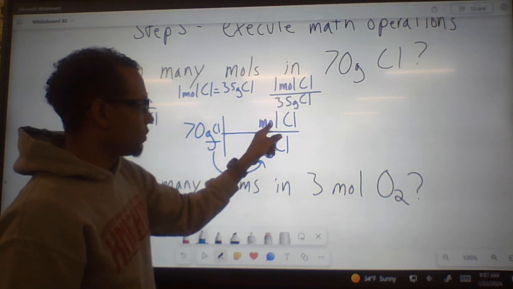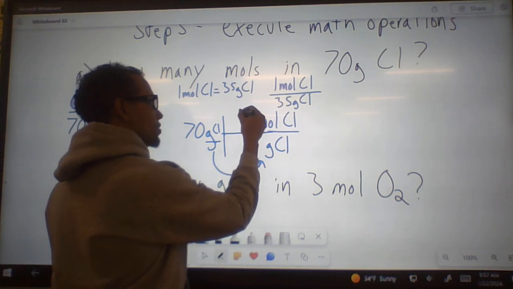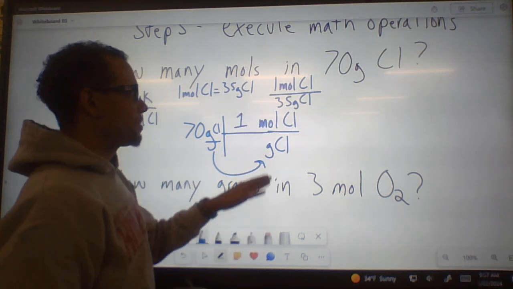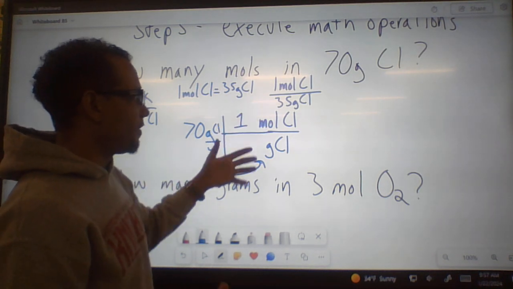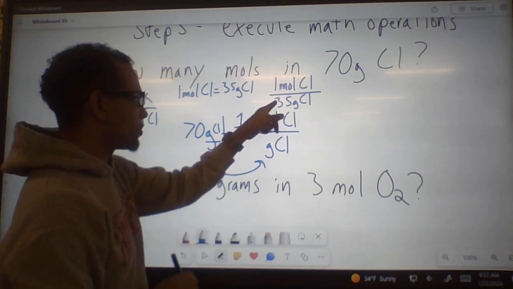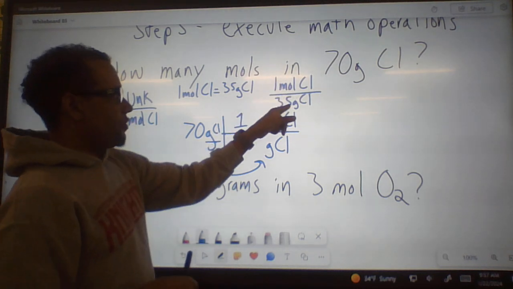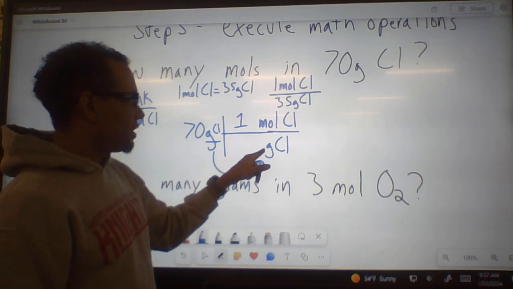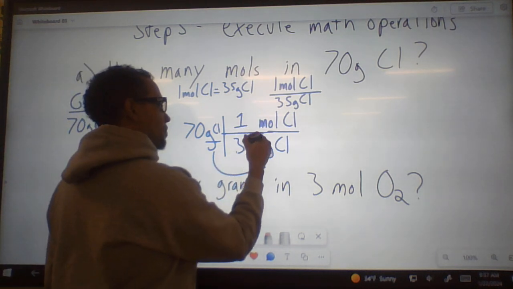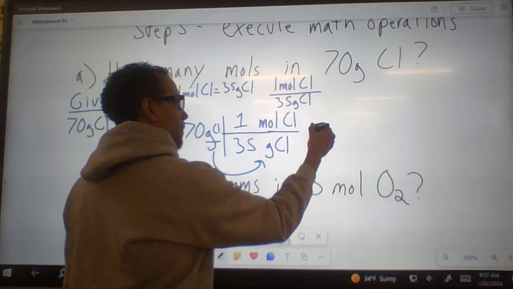This is gram of chlorine, this is mole of chlorine. So the 1 is going to go here. And every time we have mole to something else, the mole is going to get 1. The only time mole will have numbers is if it's a mole-to-mole conversion. And then 35 goes with gram chlorine. Here's 35. This matches with grams of chlorine.